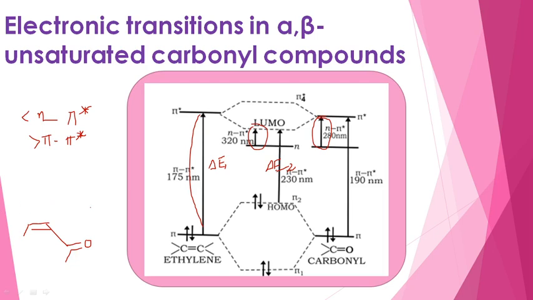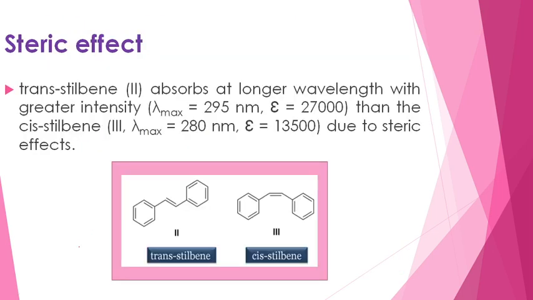So there is a decrease in the n to pi star transition and an increase in the pi to pi star transition. For n to pi star, we observe a hypsochromic shift. For pi to pi star transitions, we observe a bathochromic shift. Okay?